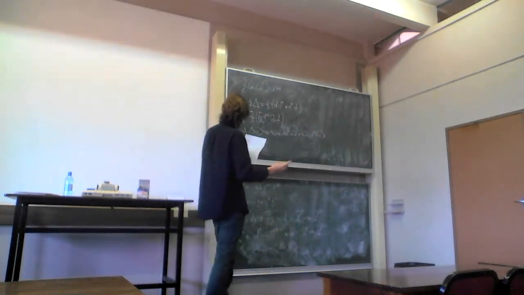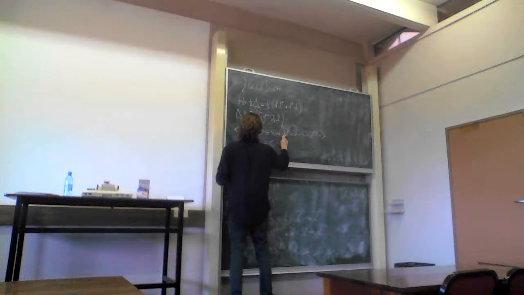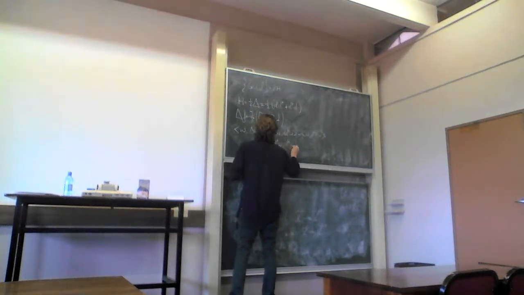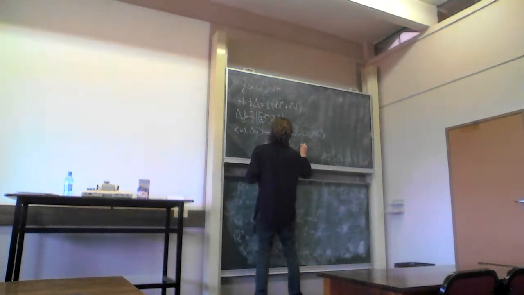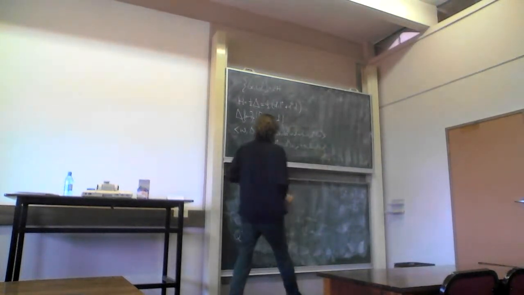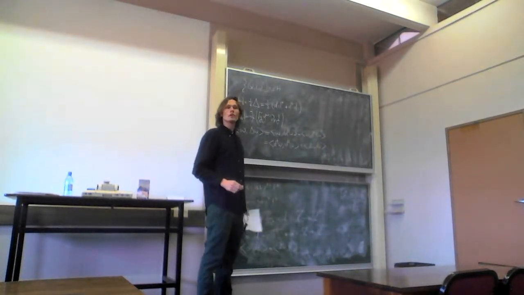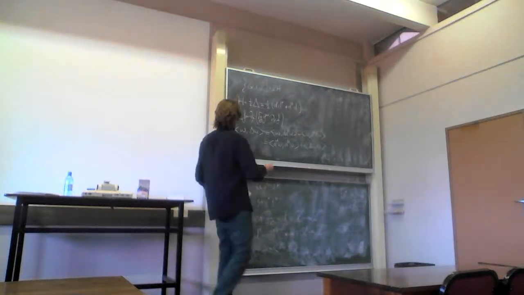Now we use the fact that d is the conjugate of d dagger, and take this d to the other side if we put a dagger on top of it. Plus d omega dagger. And these are just the norms. These guys are the norms of these differential forms.